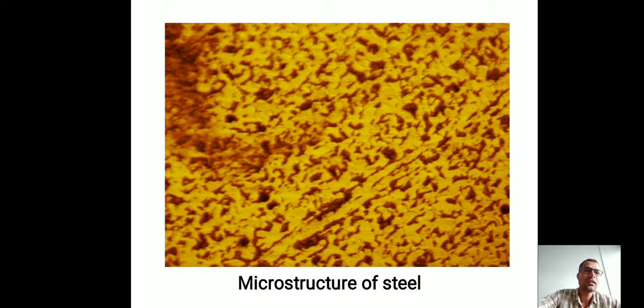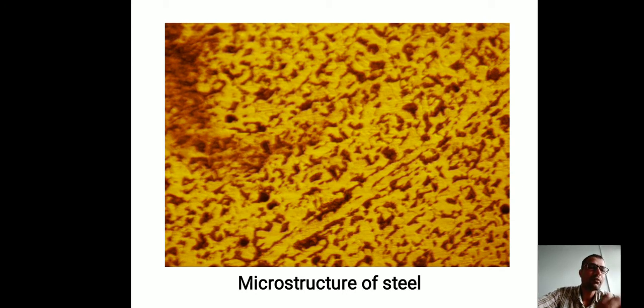Simply, suppose we take a rod of steel, and first we prepare a sample for the microscopic examination. First take a small section of steel from the rod, correct, that is the sectioning.